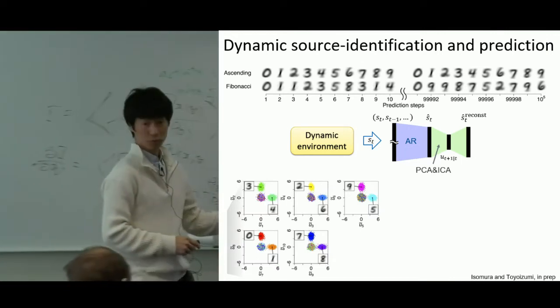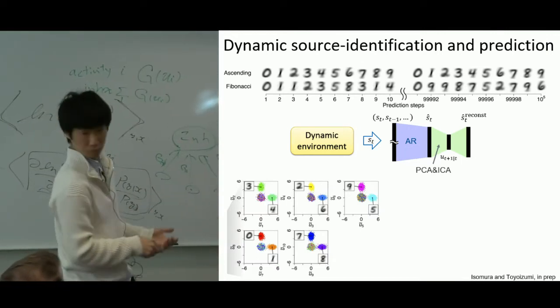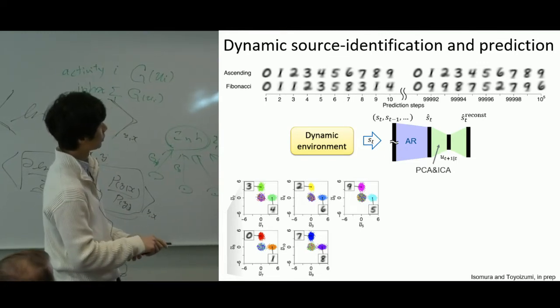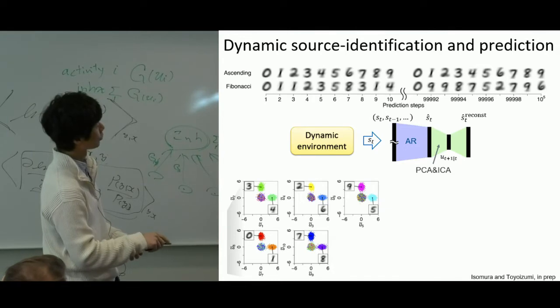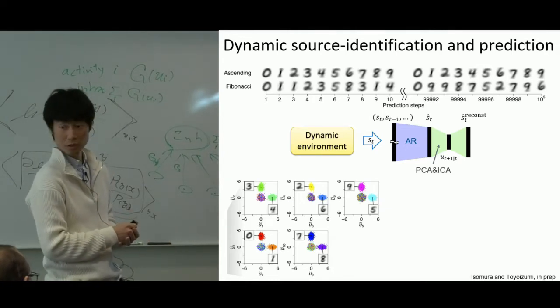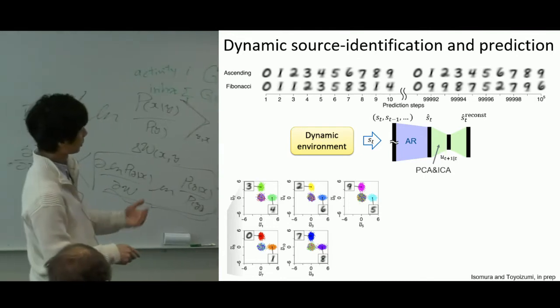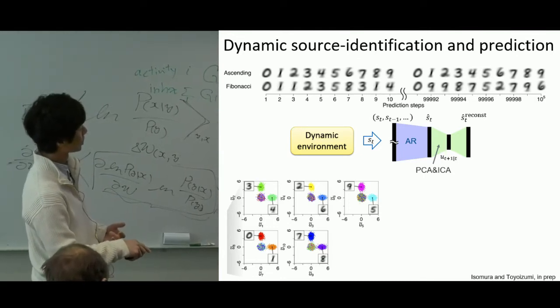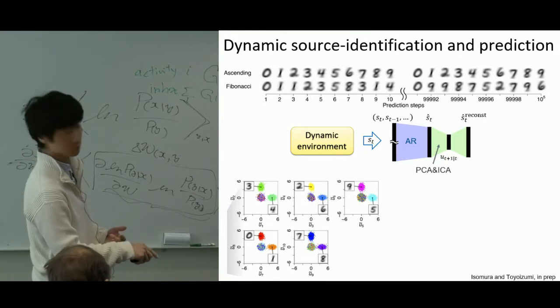And you can learn this pretty quickly, and once you do, at this bottleneck layer, there is information about hidden sources. And you can see that those hidden representations separate 3 and 4 and 2 and 6.